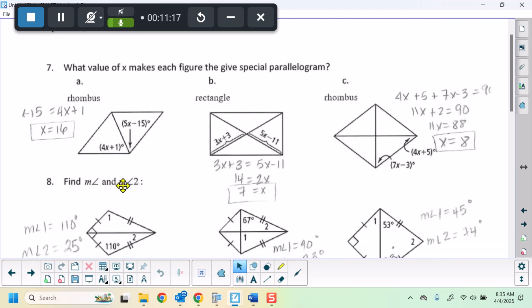What value of x makes it true? If it's a rhombus, this angle is going to be bisected. If it's a rectangle, these two pieces are going to be the same. If it's a rhombus, careful here, the angles are going to be bisected, but these two angles added together are going to be complementary. The most common mistake there is you set them equal to each other. And remember, for a rhombus, the angles are bisected, but not necessarily bisected the same.